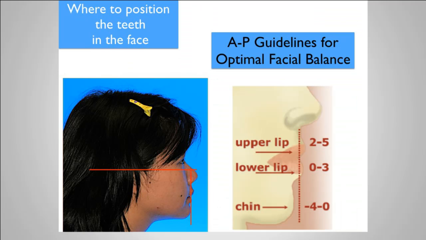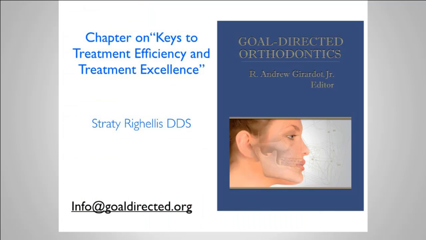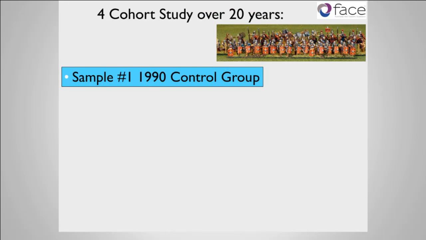We have guidelines on how to position the teeth using subnasally vertical and positioning the upper lip, lower lip, and chin with some sort of proportions as you see there. This is all summarized in a chapter that I wrote in Goal-Directed Orthodontics, published as you see and can be available with the information at goaldirected.org. It summarizes the keys to treatment efficiency and excellence.